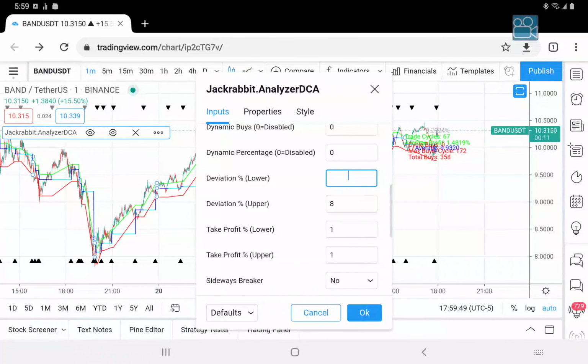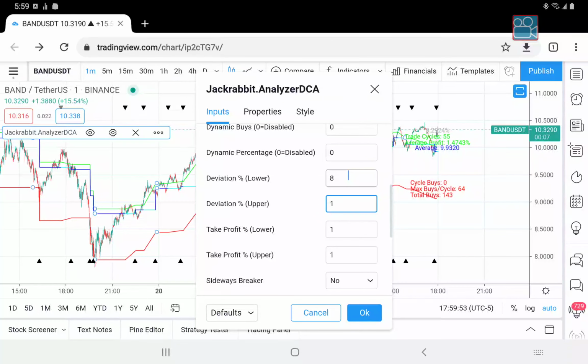Now we can do this backwards. In the beginning, when your count is low, for example, one cycle has an 8% deviation straight off the board. The second cycle will be 7% deviation.